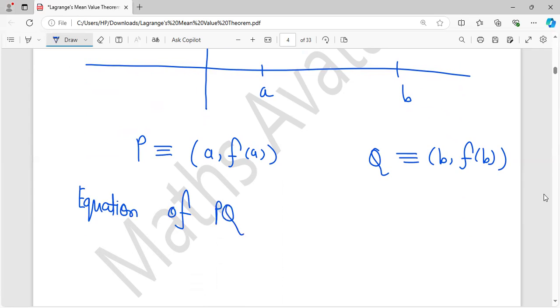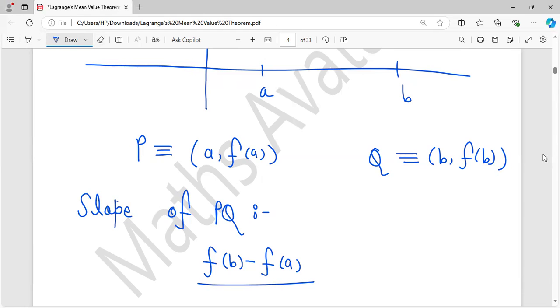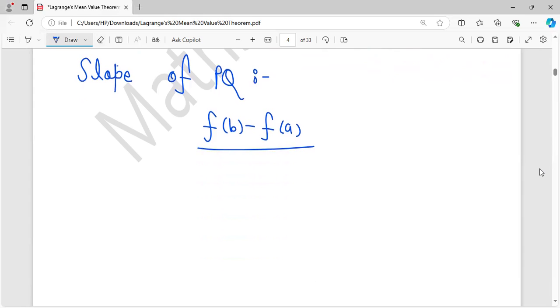What is the equation of chord PQ? The slope of PQ is (f(b) minus f(a)) upon (b minus a). This is the slope of PQ.